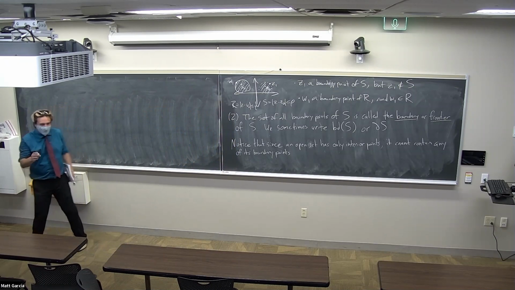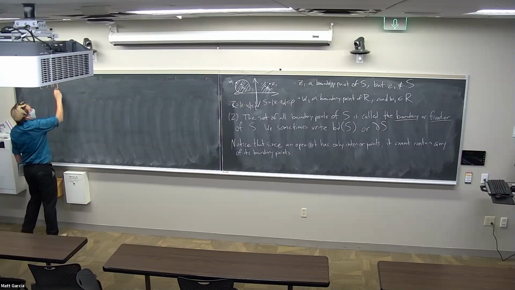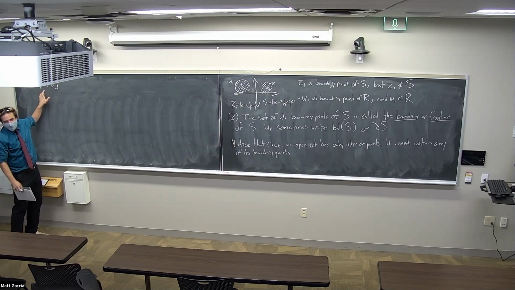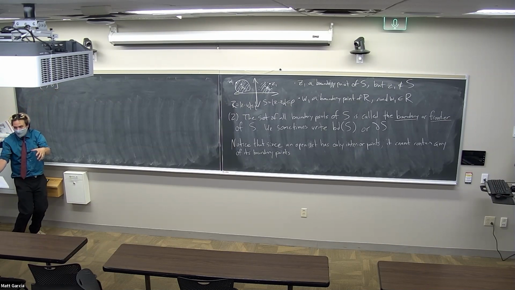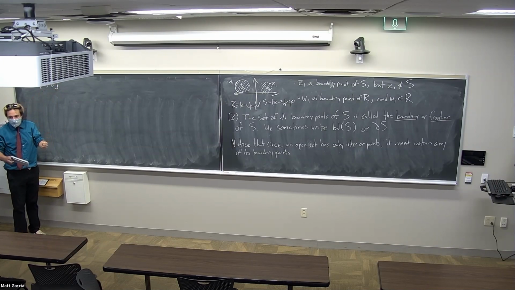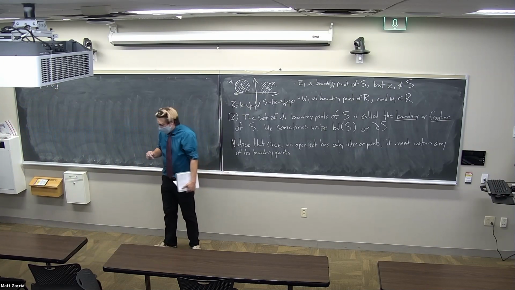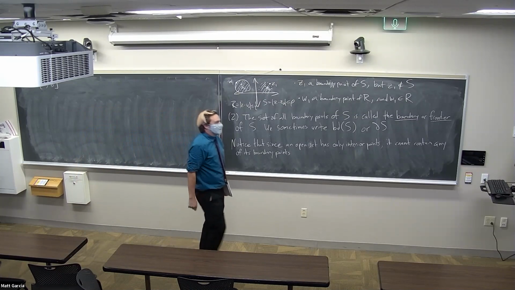Right? Think back to Calc 1. Because it contains one of its endpoints, but not the other. That is, it contains a boundary point, so it's not open. But it does not contain all of its boundary points, which is the definition of closed, having to contain all your boundary points. I have a friend in group theory right now. They're talking about closed and open sets. Right, a set can be simultaneously open and closed. Think of an example. Anybody think of an example?